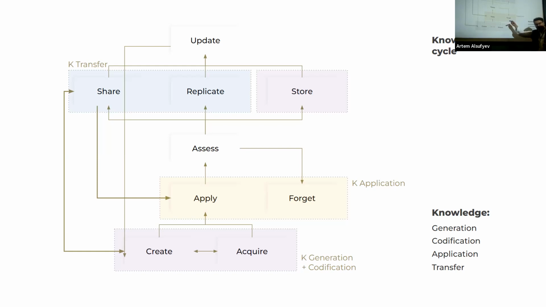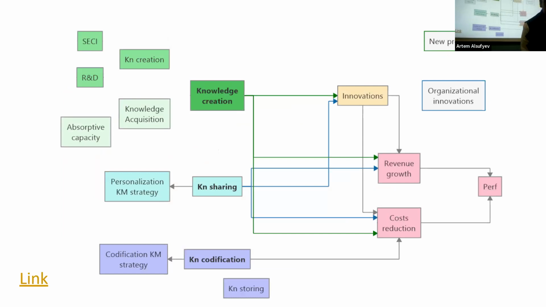For instance, you go to a professional conference, you discuss it with colleagues, and then you bring something into your company. Another way is the general logic: we have knowledge creation, sharing, and codification.